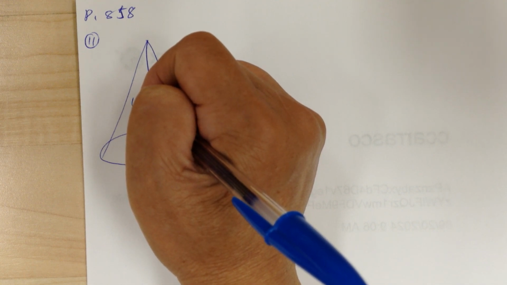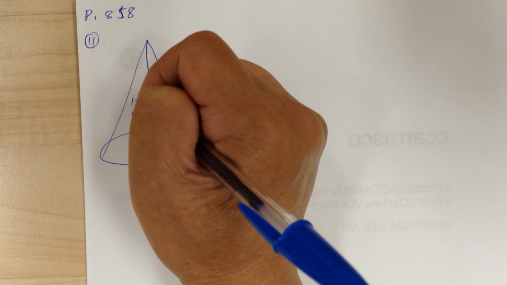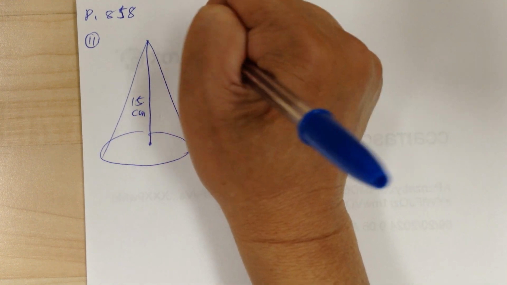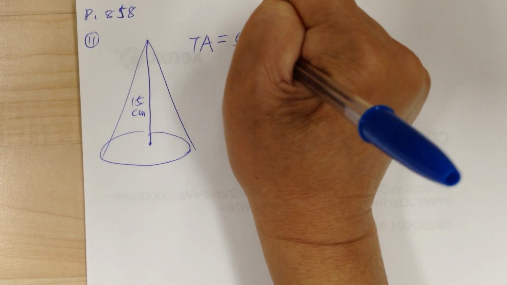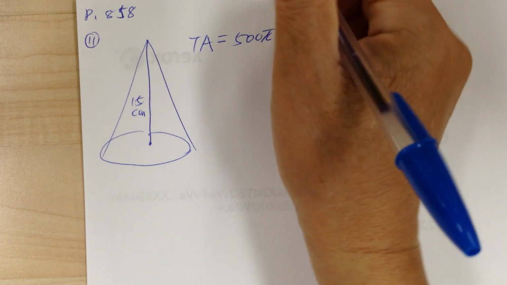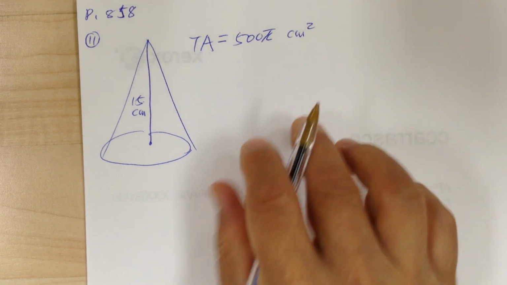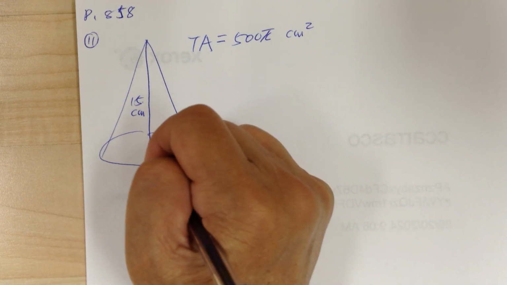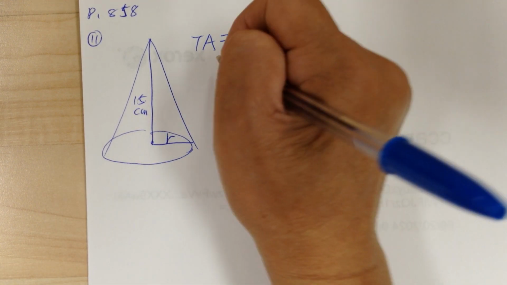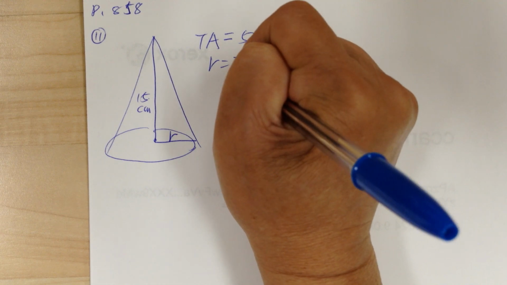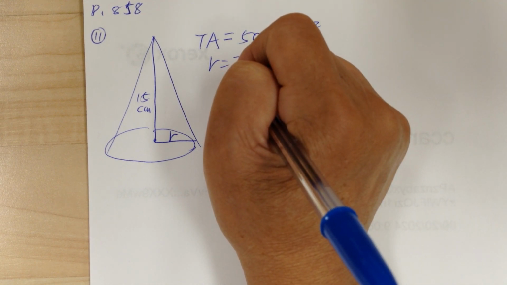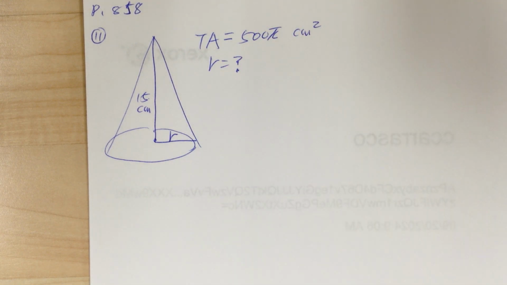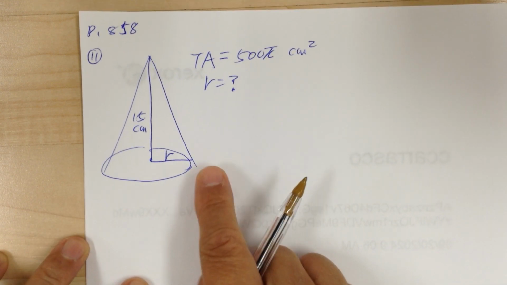The surface area, the total area, equals 500 pi square centimeters. Again, write down all your information. Find the radius of the base, so you're looking for r. Find the radius of the base of the cone, and round your answer to 2 decimal places. So this is all the information.